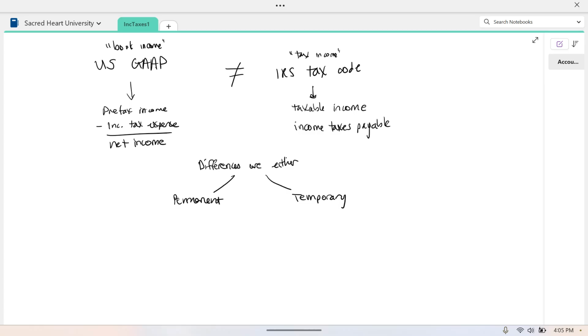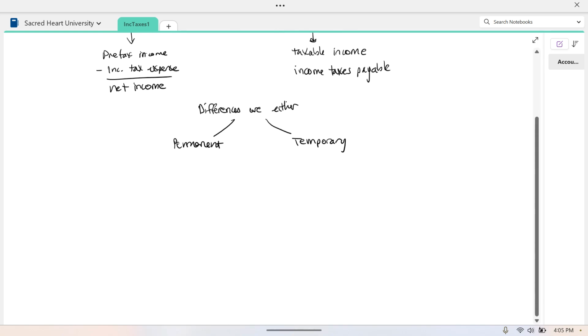So if you buy a $100 million asset, over its life you're still going to have a $100 million expense in total, of course, assuming no salvage value. So it's just a timing mismatch. These temporary differences show that sometimes items, revenues, or expenses appear in US GAAP first, and sometimes they appear in the tax code first. Accounting for the temporary differences is what this video is going to focus on.